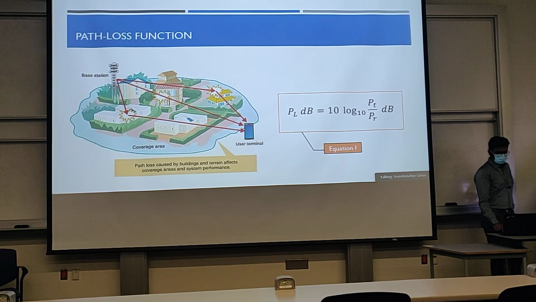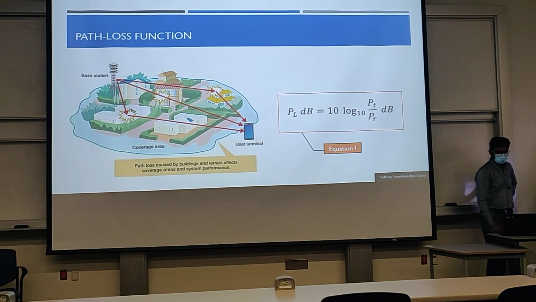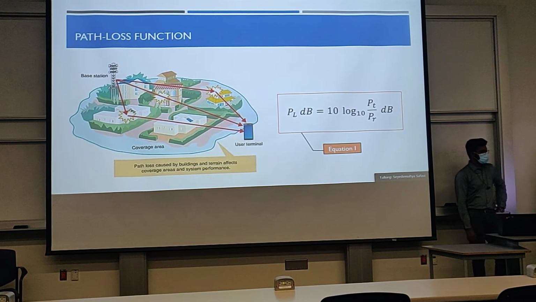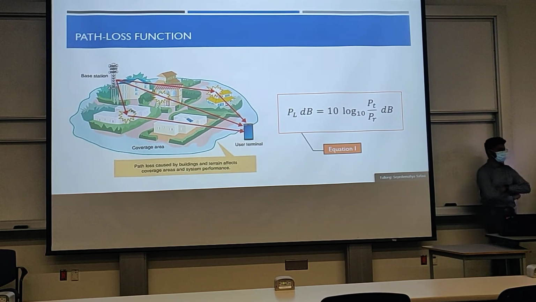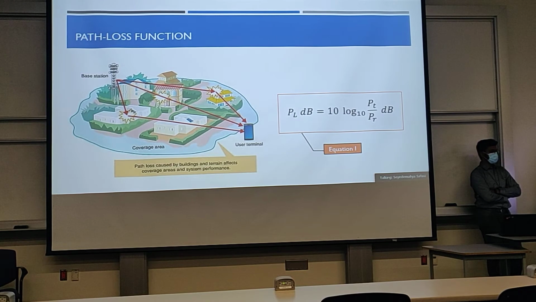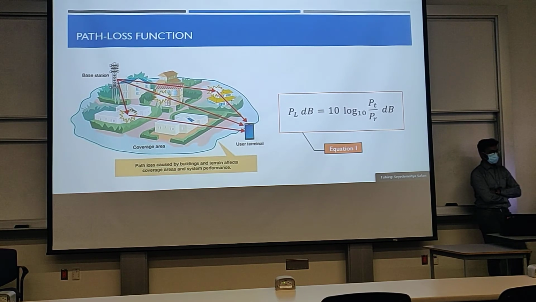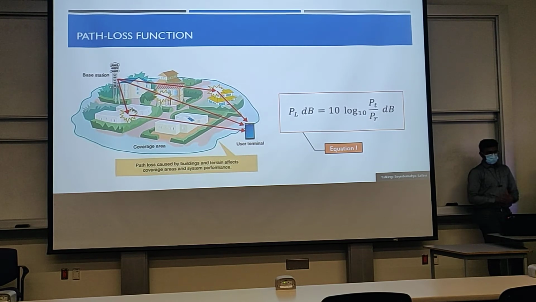Hello everyone, my name is Sagar, and I would like to discuss further how we implemented it and what we used. First of all, let's go deep into the path loss function. We use the path loss function as the parameter to analyze the project. It varies on different factors like the distance between the transmitter and receiver, the contour, the terrain, and all of these parameters affect the path loss function.